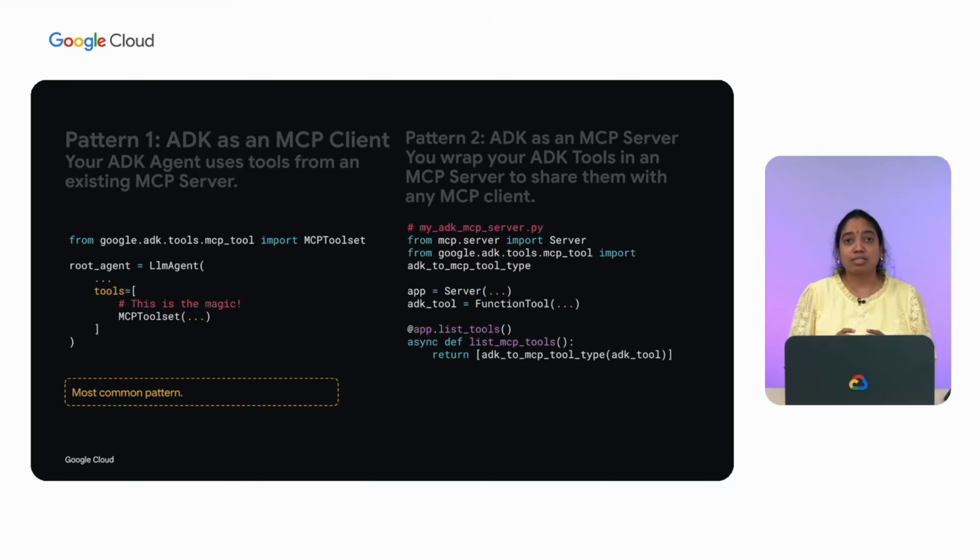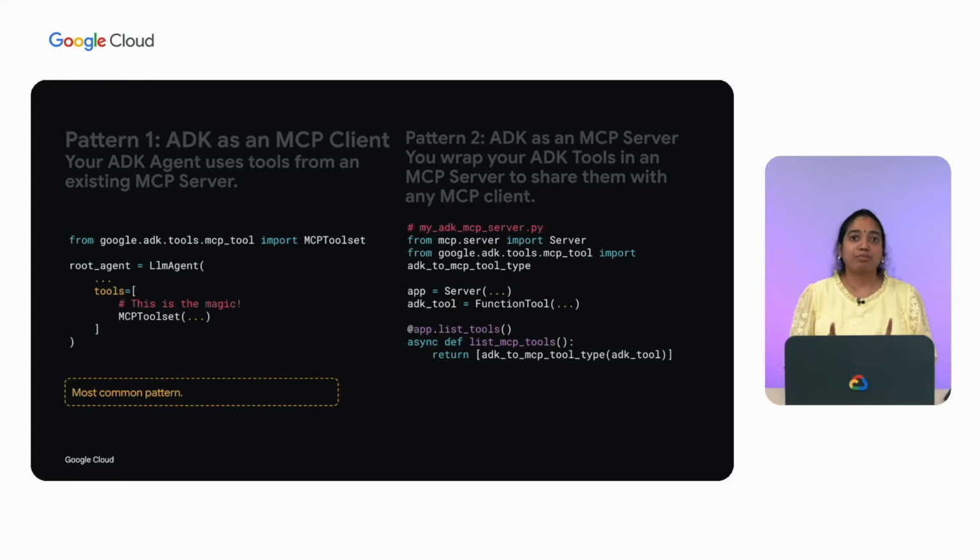ADK also simplifies the reverse, that is exposing your tool as an MCP server, that is a producer. You define your logic using standard function tools and ADK utilities, and they are automatically translated for the MCP server. This setup acts as a bridge, seamlessly converting incoming MCP requests into native ADK tool executions. MCP defines the language, but we still need a transport for the wire.